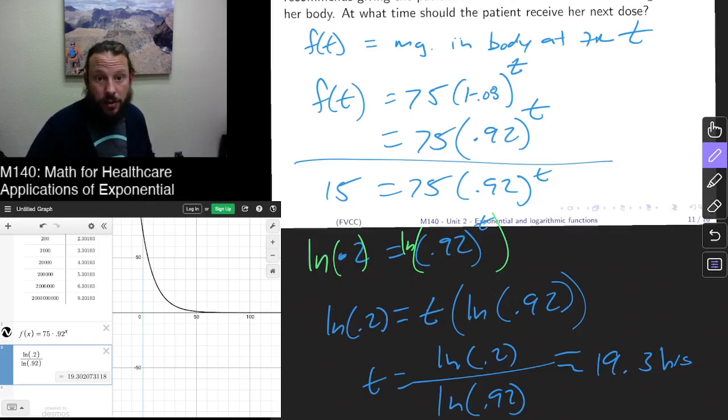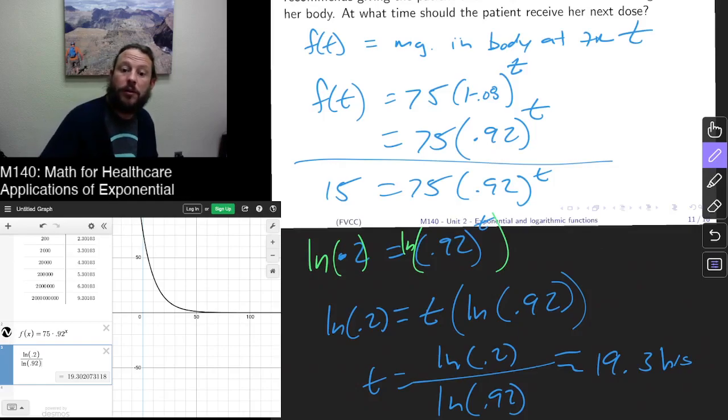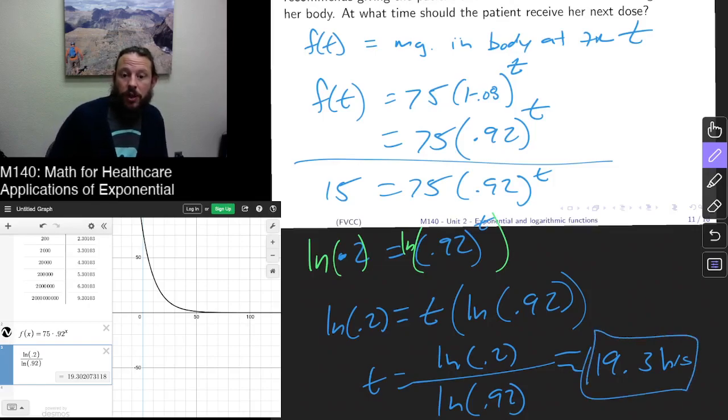The important thing is it takes 19.3 hours, and we add that to the 10 hours. So, oh no, I did that. 19.3 hours, right? That's how long it takes. Well, if we gave him the first dose at 10, when is that later? Oh yeah, 30.